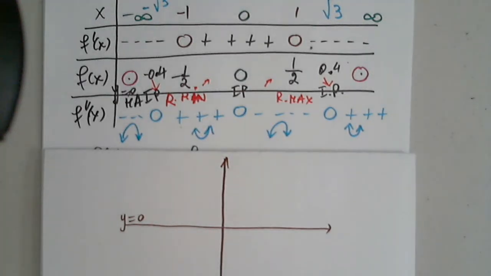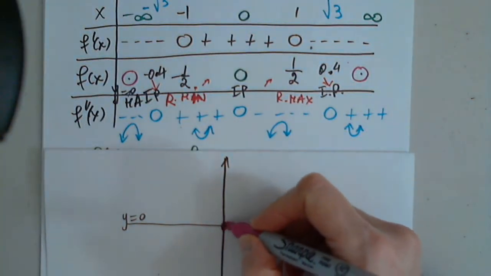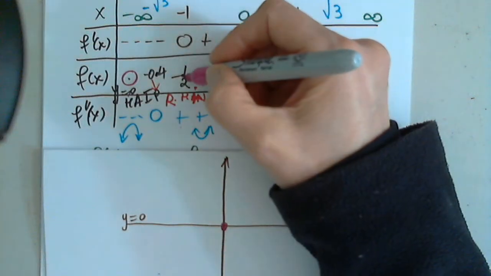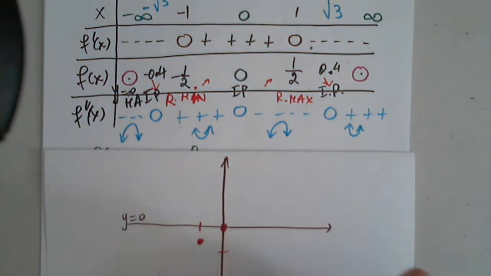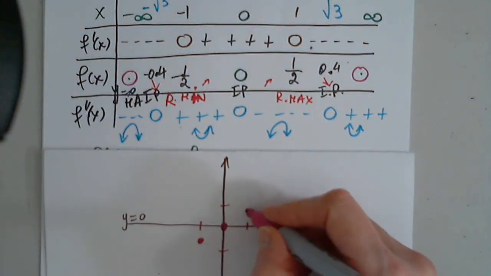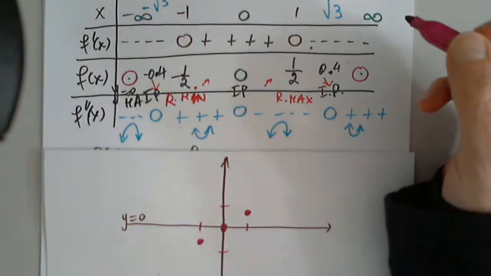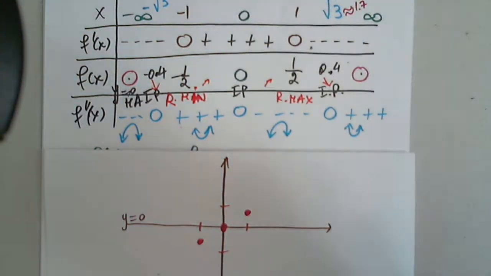Now I will plot the points I have. And I have 0, 0. I have negative 1, negative 1/2. I have 1, 1/2. I have the square root of 3, which is roughly 1.7.